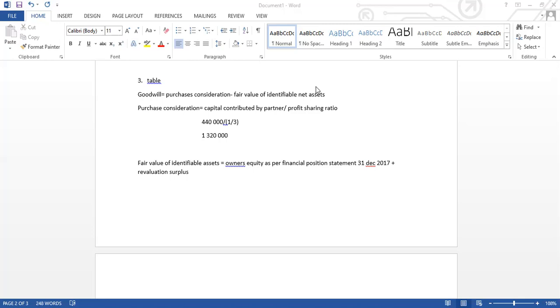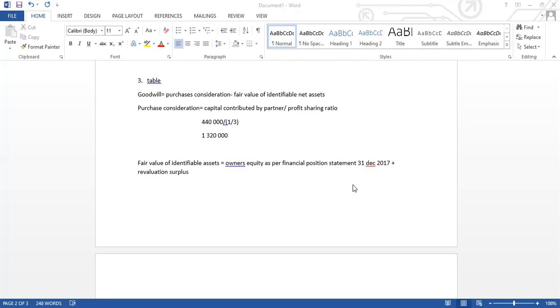So finding our fair value of identifiable assets, we have a formula that we use, which is owner's equity as per financial position statement, 31 December. This owner's equity, you go to the financial position statement that you are given, and then you take your owner's equity amount that is appearing there.